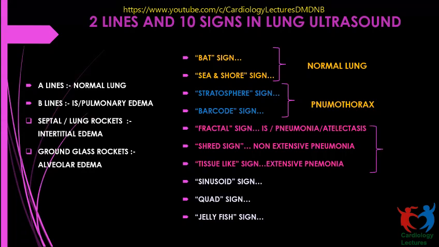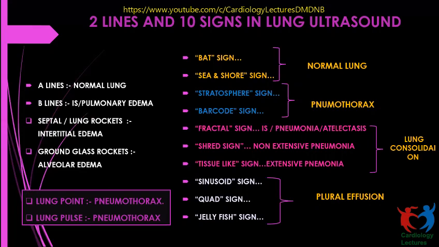It is diagnostic of pneumothorax. You have the fractal sign, shred sign, and tissue-like sign. These are seen in interstitial syndrome and pneumonias of extensive or non-extensive etiology, depending upon the area of involvement. Then you have the sinusoid sign, quad sign, and jellyfish sign. They are seen in pleural effusion. So fractal sign, shred sign, tissue-like sign: consolidation; sinusoid, quad, and jellyfish: pleural effusion; stratosphere, barcode: pneumothorax; bat sign, seashore sign: normal.